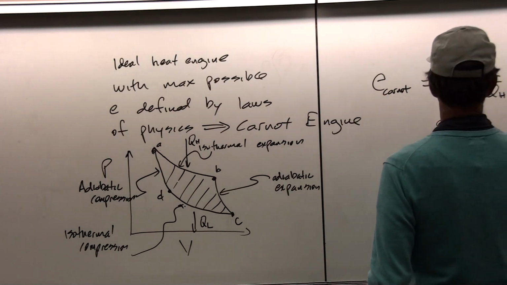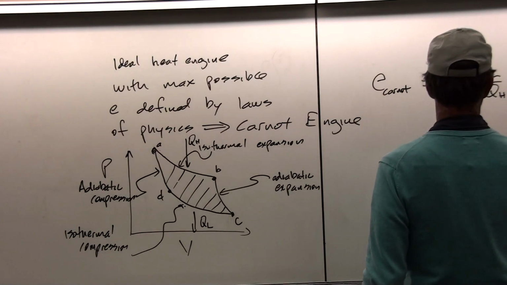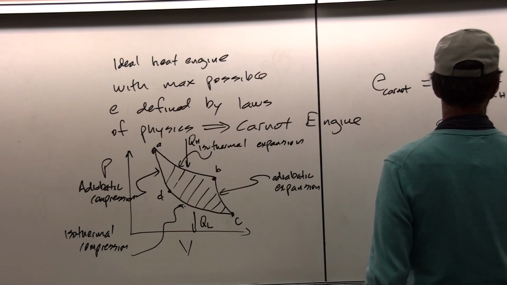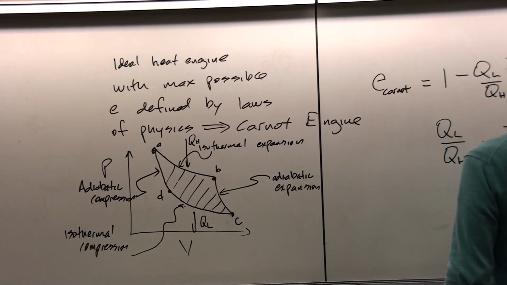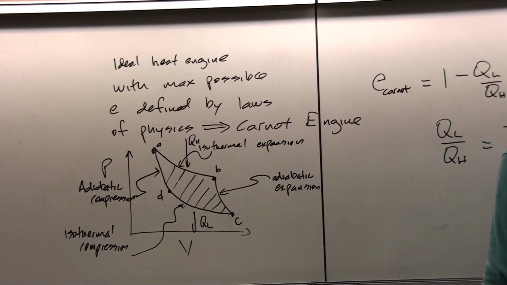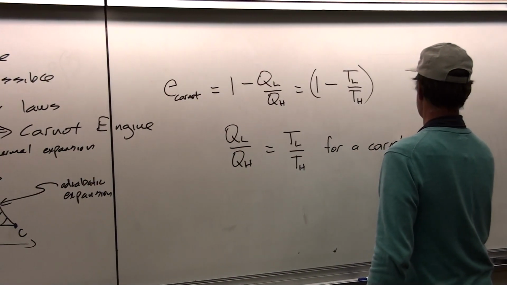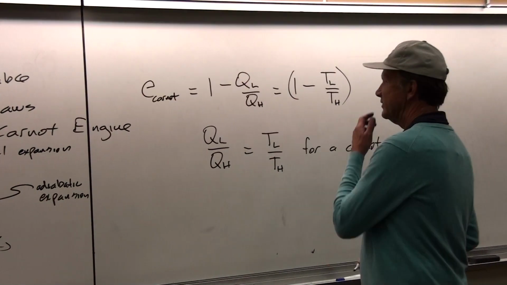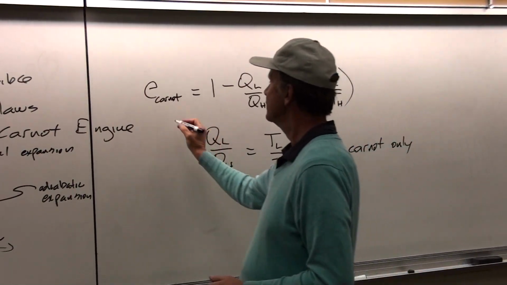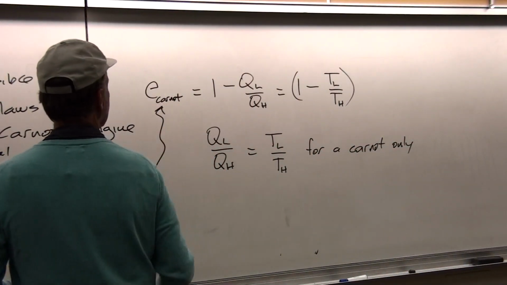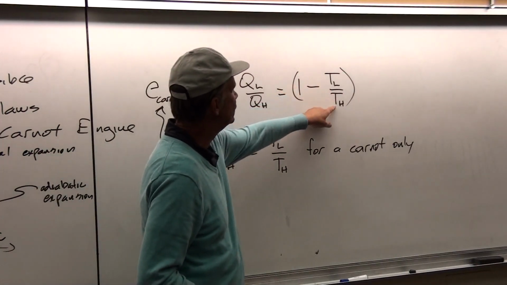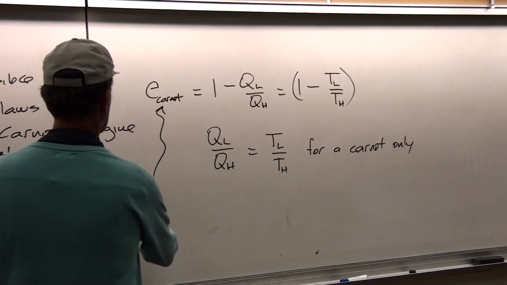So in other words, QL over QH is equal to TL over TH for a Carnot only. And this defines the highest possible efficiency that a system can have between two different temperature reservoirs.